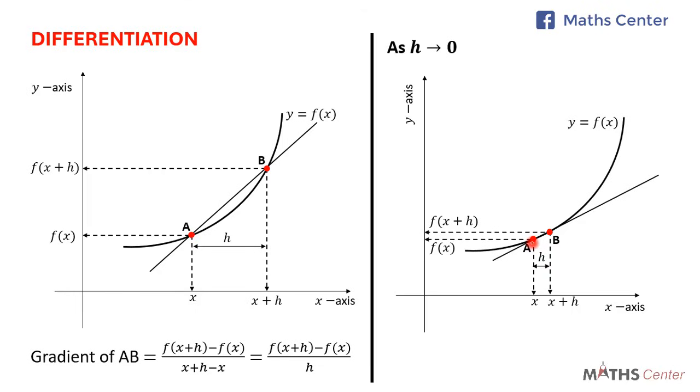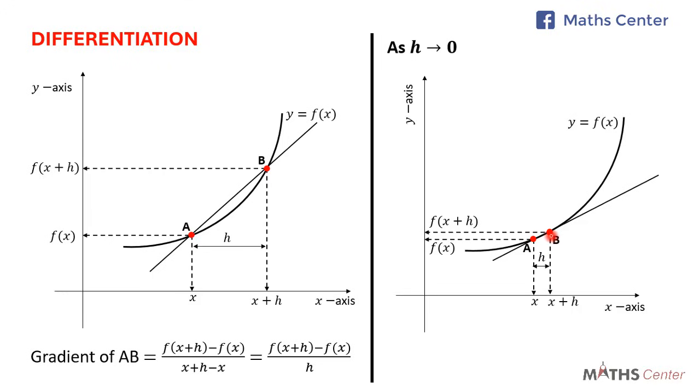the curve at A. If you remember, in the lesson on graph of quadratic functions, we learned how to find the gradient of a curve at a point. In that lesson, we learned that if you want to find the gradient of a curve at a point, you draw a tangent to the curve at that point, then you find the gradient of the tangent.